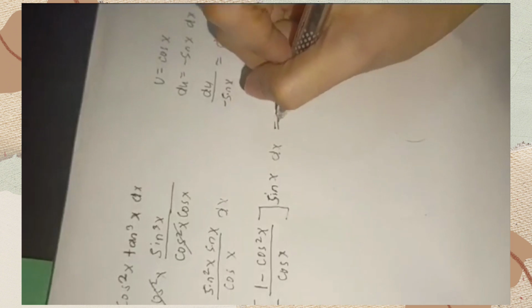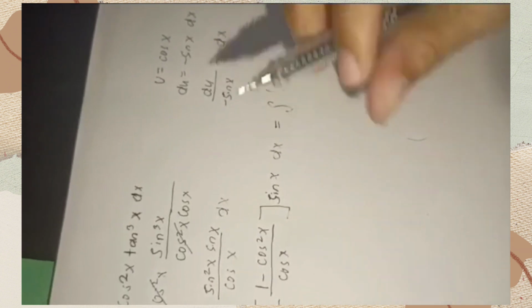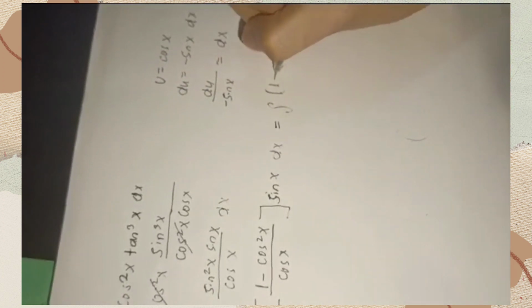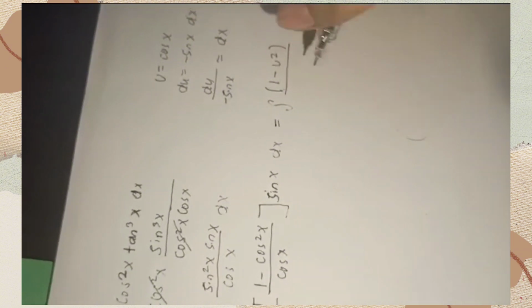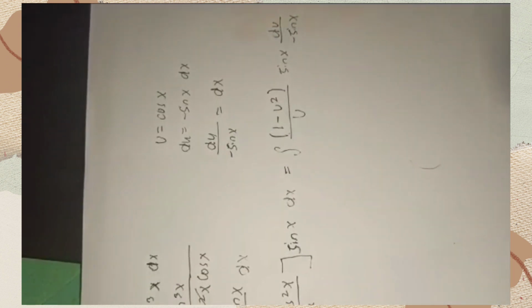So this will be the integral where we replace cosine with u: 1 minus u squared all over u, times sine x, times du all over negative sine x. Again, we cancel the sine x so that only du remains.